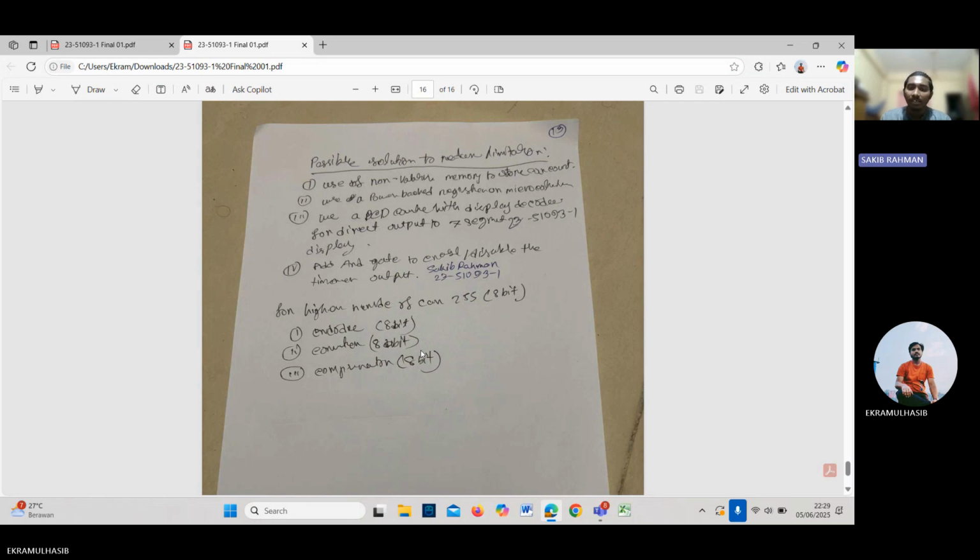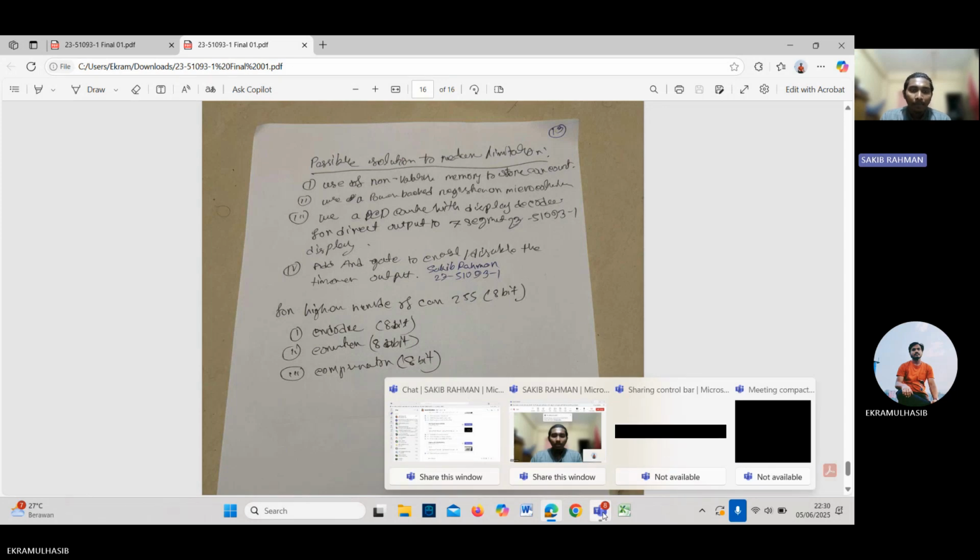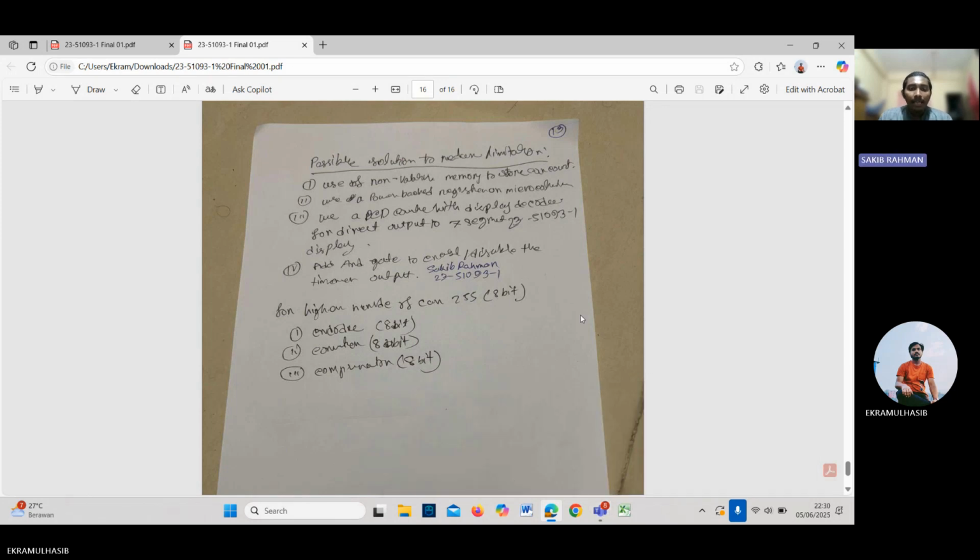The second one is to use a battery to provide backup for some moment to continue the count, and the use of non-volatile memory to back up the data. We can use a BCD counter with a display decoder for direct output to 7-segment, with 2351093 as my ID display. We can add an AND gate to enable and disable the 555 timer output also.